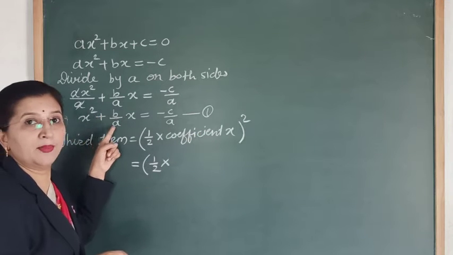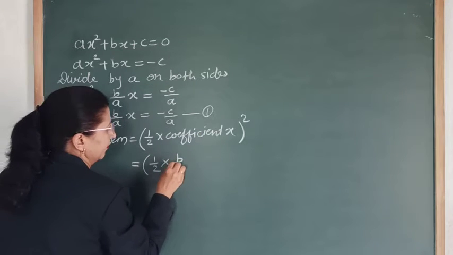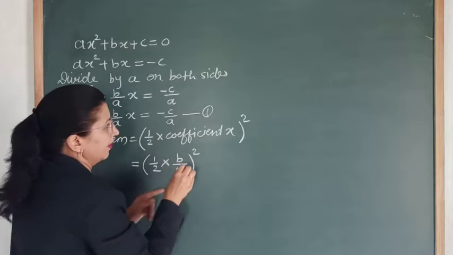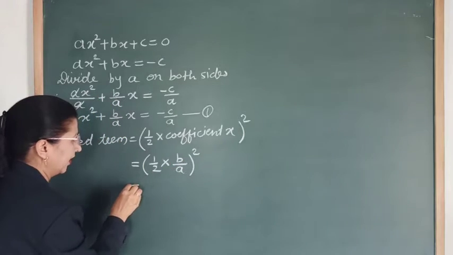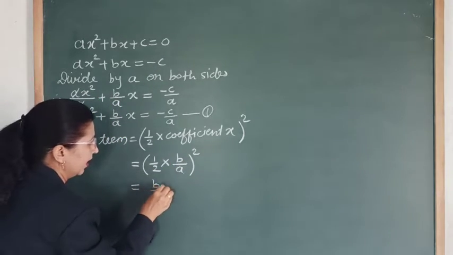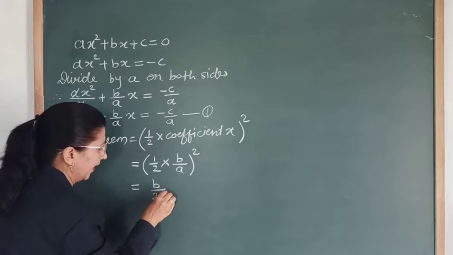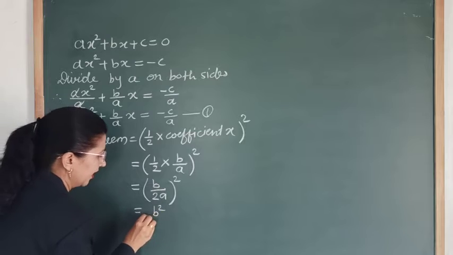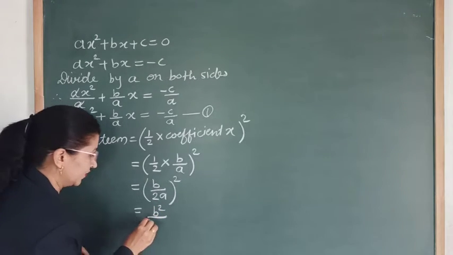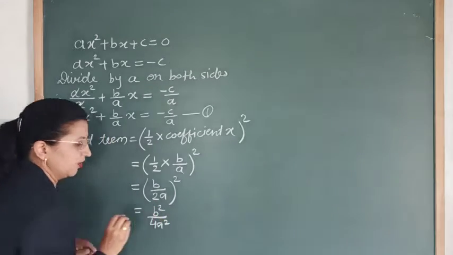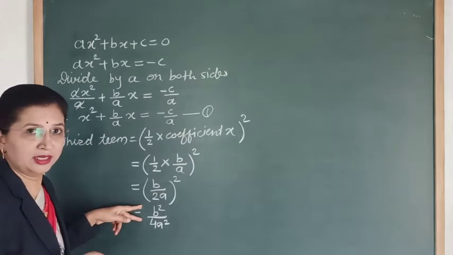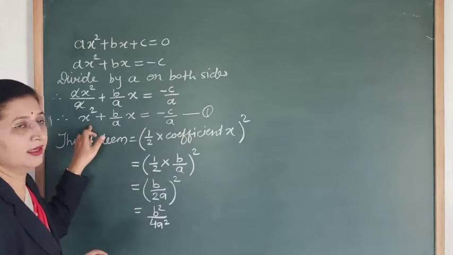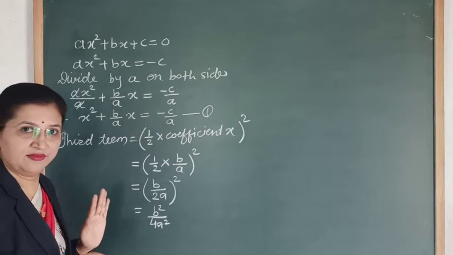That is b upon a, bracket square. Now here b upon 2a bracket square, that is b square upon square of 2, that is 4a square. So this is our third term which we have to add on both sides of this equation first.